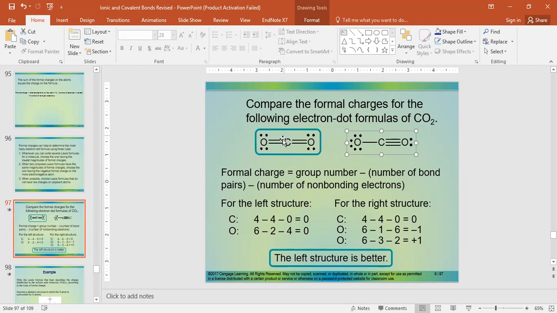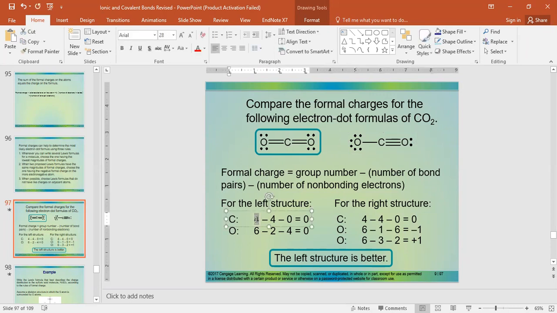For the carbon here, to get the formal charge, you take the total number of valence electrons minus half the number of bonded electrons, minus the lone pair electrons. Carbon has 4 valence electrons.